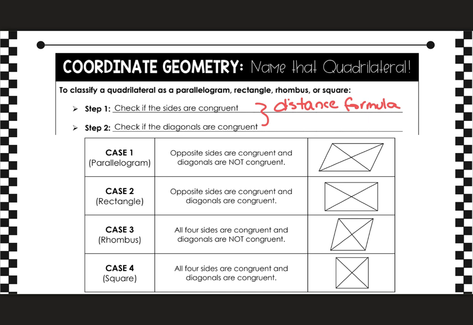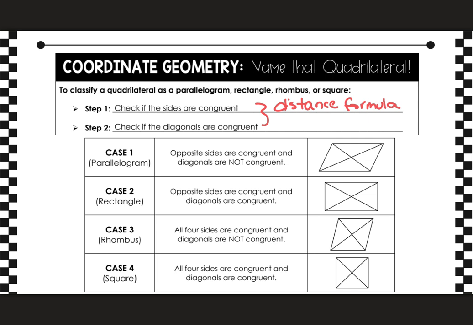In a rectangle, the opposite sides are congruent and the diagonals are congruent. In a rhombus, the sides are congruent and the diagonals are not. And in a square, all four sides are congruent and the diagonals are congruent. So you've got to look at the difference.